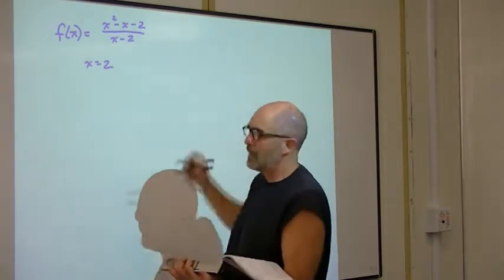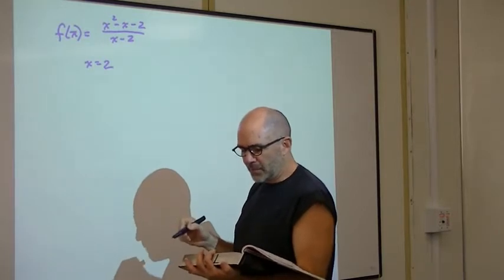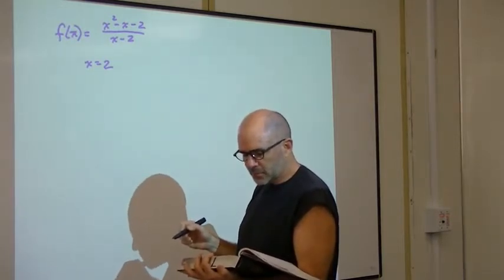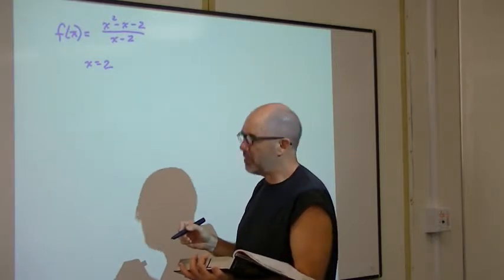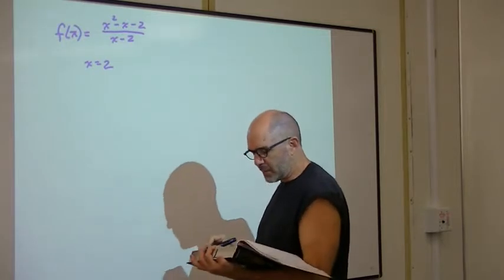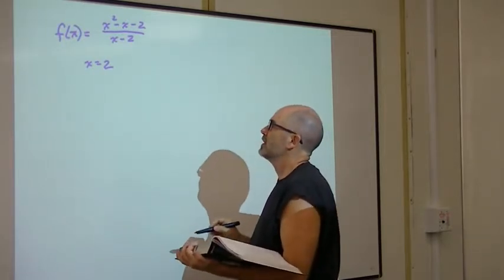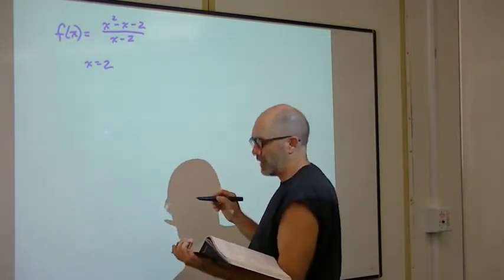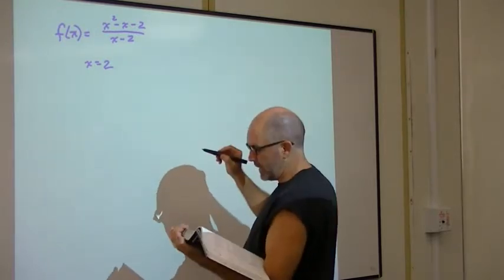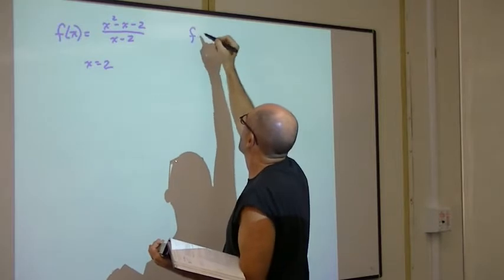Now I don't care what it makes the top, the fact that it makes the bottom 0, it's discontinuous. So basically what we're saying is at x equals 2, the function is not defined, so f of 2 does not exist.